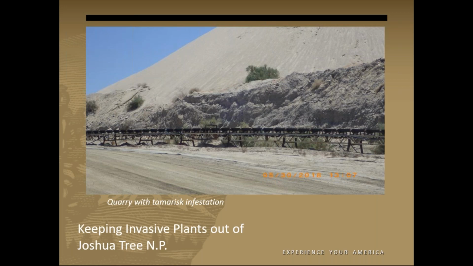We've been able to ask quarries to remove invasive plants from their quarry and mine fresh material for us, and they're very willing to do that. So we can be pretty confident, but not 100% confident, that the material that we bring to the park is free of weed seed. Anytime you have a project and you're bringing material into the park, please coordinate with me so that we can make sure it's coming from a source that doesn't have invasive plant seed.